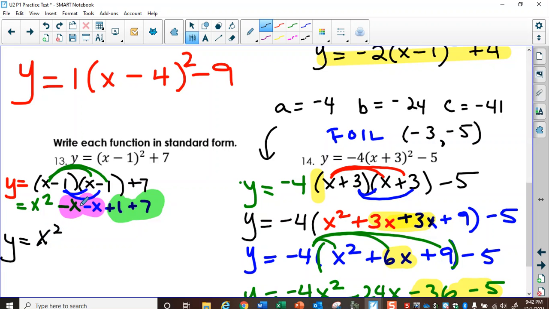Now negative 1 minus 1 is negative 2. And then I've got 1 plus 7 is 8. And then that would be my answer there. So I went from vertex form to standard form here.